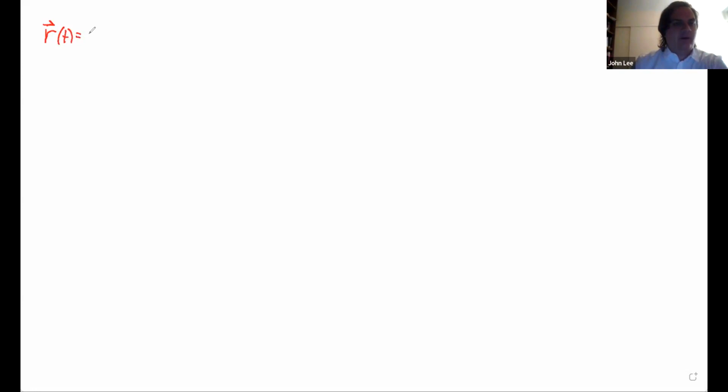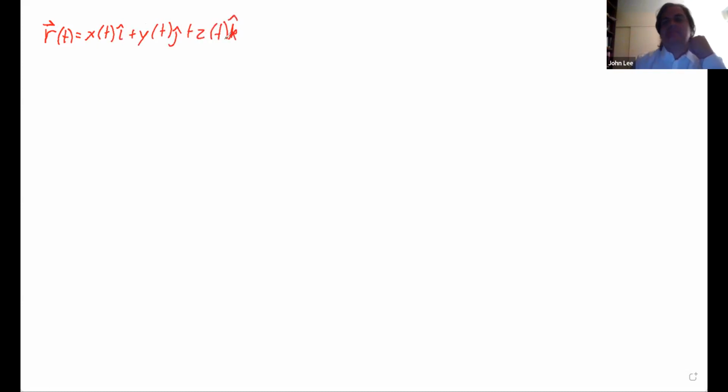So we have r of t instead of x of t, which is going to be x of t in the i direction plus y of t in the j direction plus z of t in the k direction.